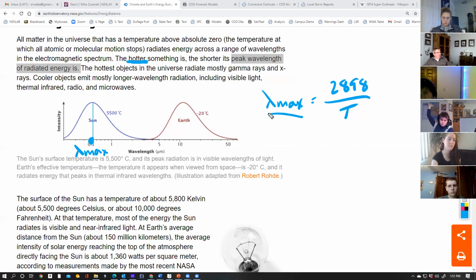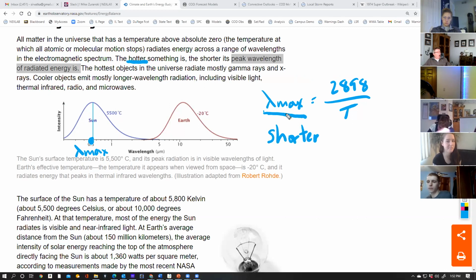If the temperature of whatever object is giving off wavelengths is hotter, what should the value of lambda max be? Aaron? She says cooler. Well, no, not cooler. This is not a temperature. That's a wavelength. It should be what? Wouldn't it be shorter?